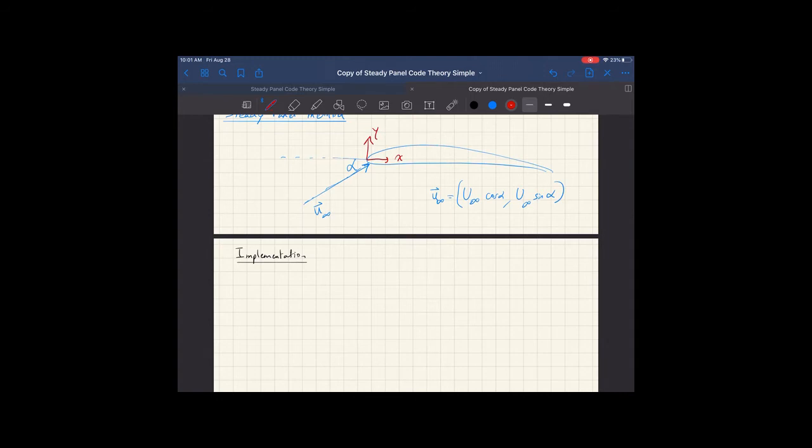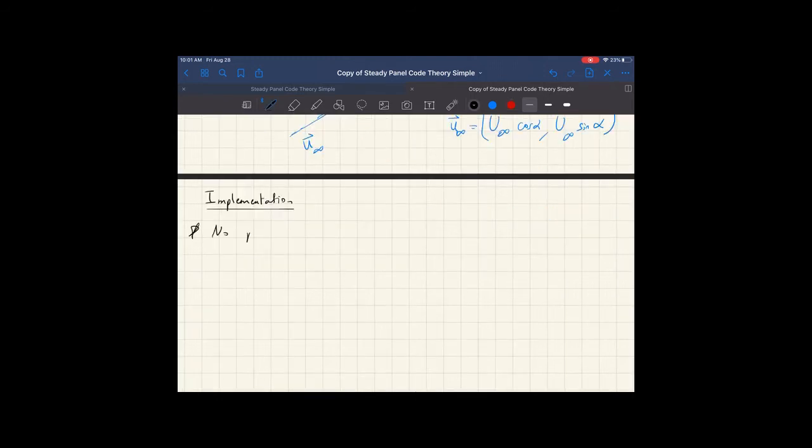So in terms of implementation, we need to make sure that we enforce the no penetration boundary condition. So assume you have some sort of surface and you have a collocation point here over which you enforce the no flow through boundary condition, which means that the flow velocity on the surface is purely tangential, which means that the velocity component in the normal direction, which is represented by this dashed line, is always 0.